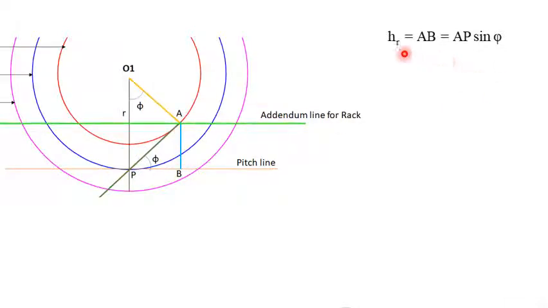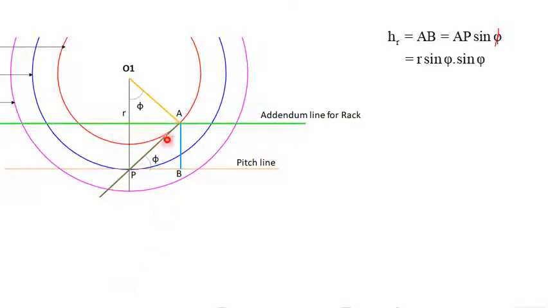Therefore we can write HR is equal to AB, this opposite side. AB is AP into sine phi. Here AP also belongs to this triangle.